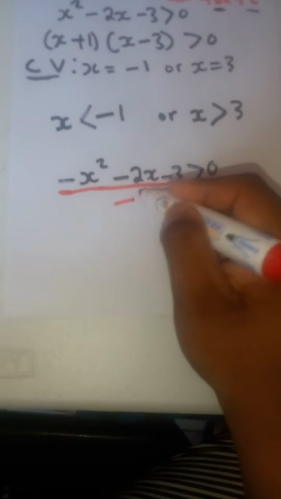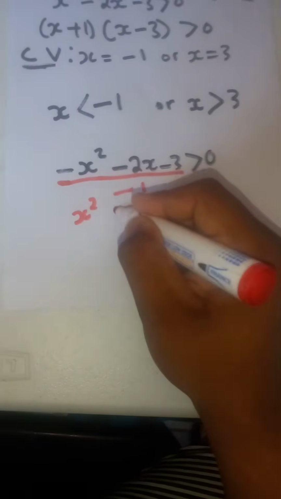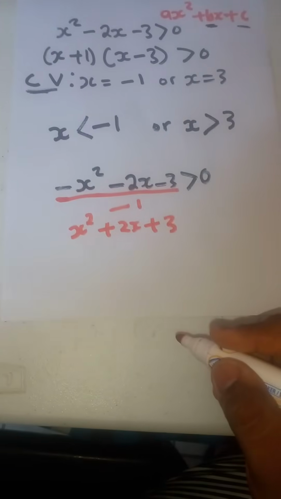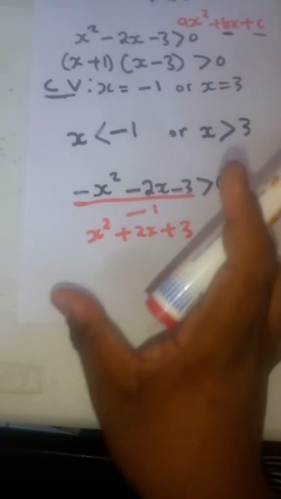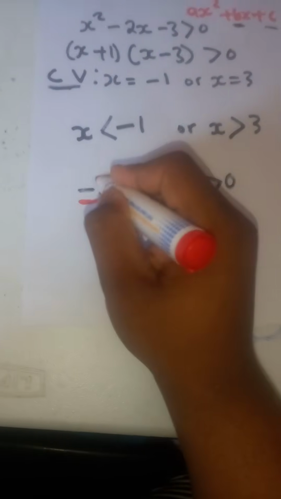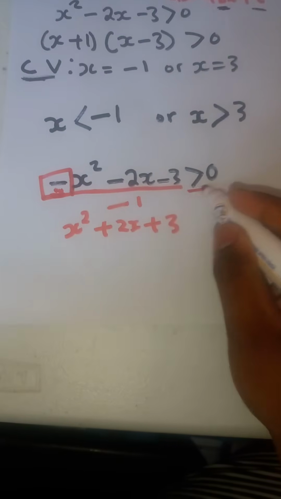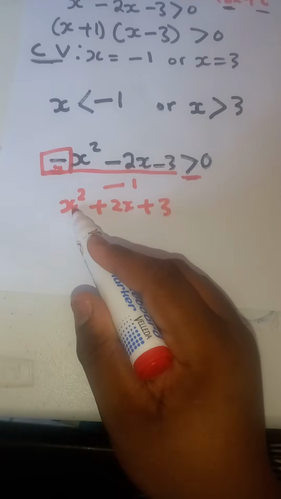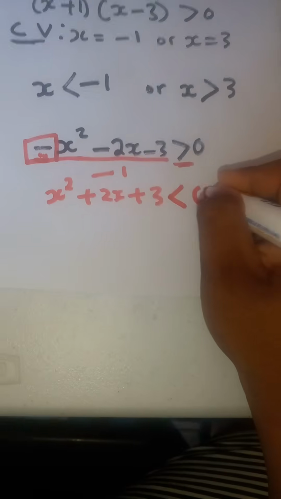So you must start by dividing everything by a negative 1, so that now you will be having x squared, which is positive, plus 2x, and then plus 3. Do you understand what I'm trying to say? It's a hypothetical example. I'm not sure if it will give you answers, but the main thing that I wanted to stipulate is this: when it is greater than and the value of a is negative, you must change the sign of this a value. And then when it is like this, the inequality sign changes.